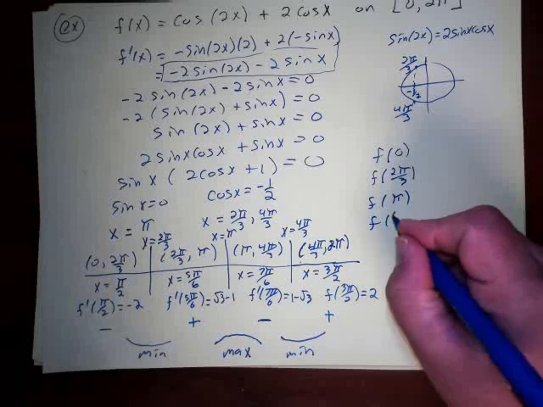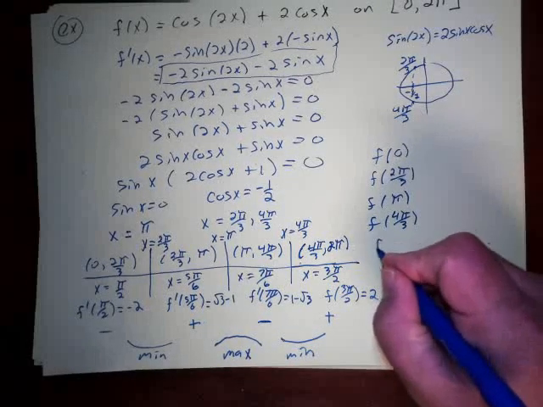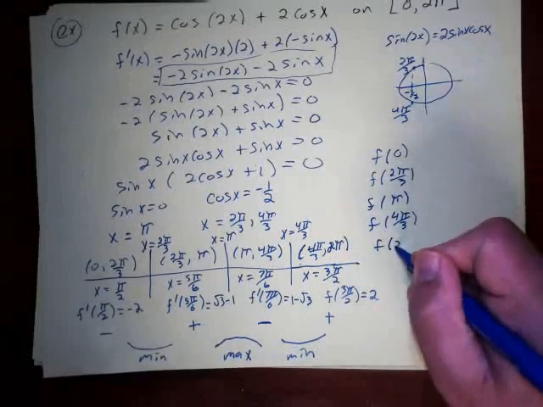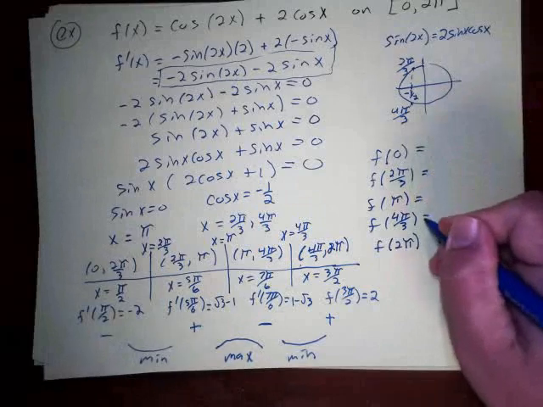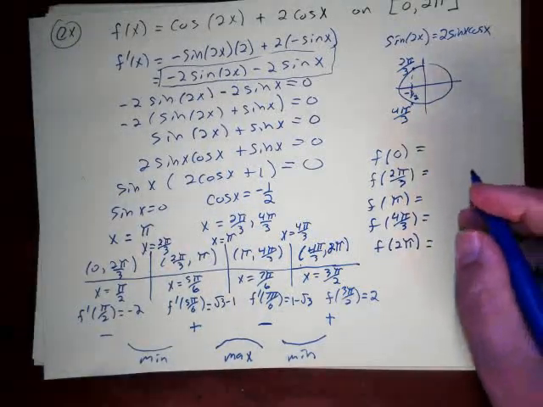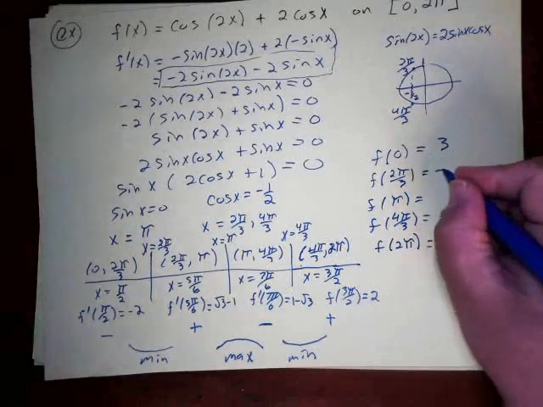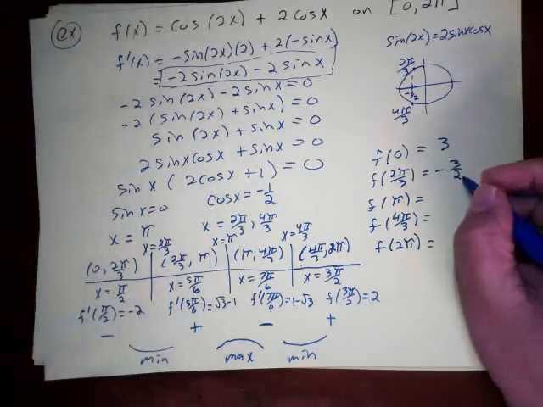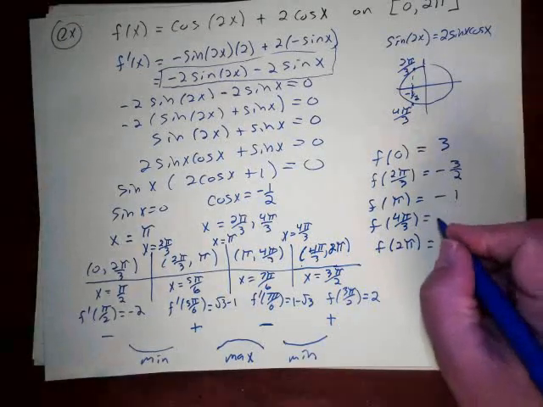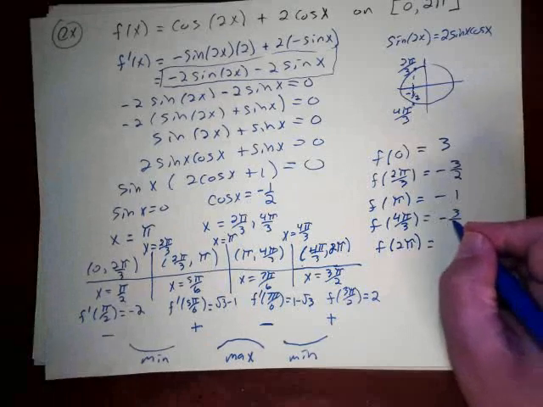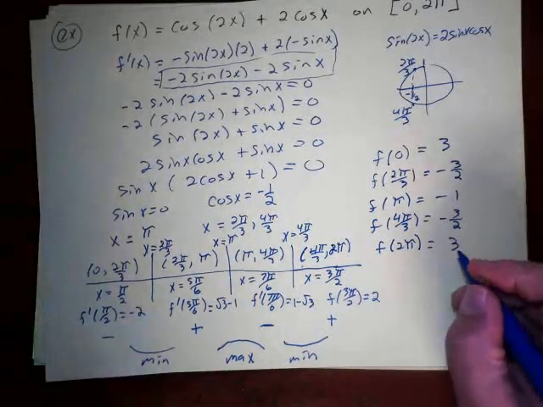Okay. So now when you put in each of these, what I got here was 3. And then when I put this in, I got a -3 halves. When I put in pi, I got -1. When I put in 4 pi over 3, I got another -3 halves. And then when I put in pi over 2, I got 3.